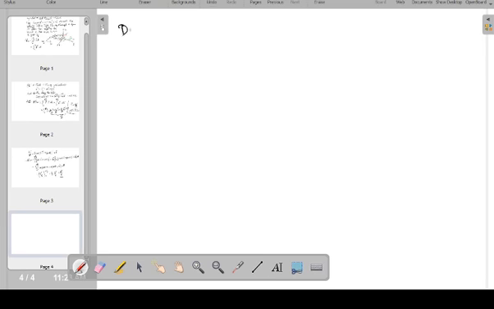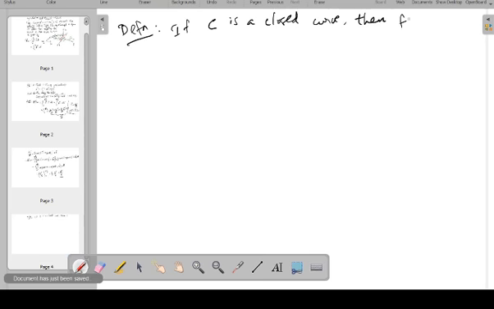Now definition. If C is a closed curve, then flow is called circulation.